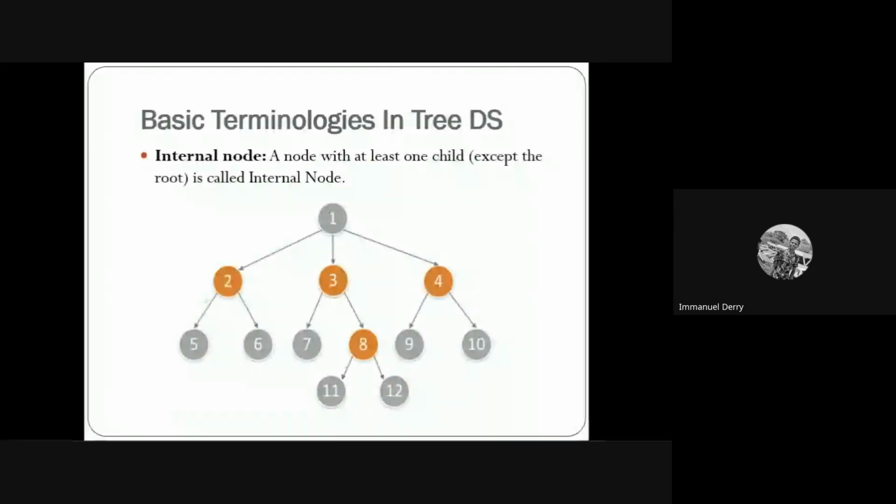So from this graph, we have internal nodes as 2, 3, 8, and then 4. These are the internal nodes because they have at least one child.